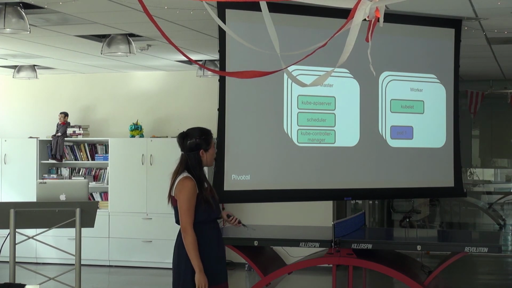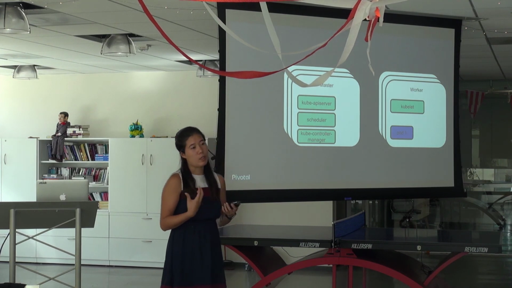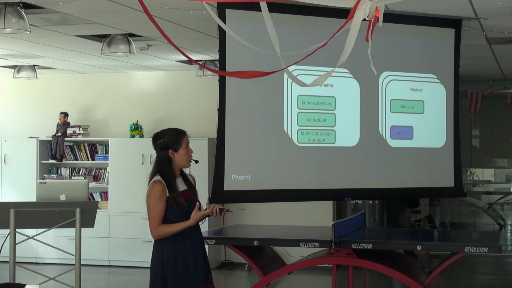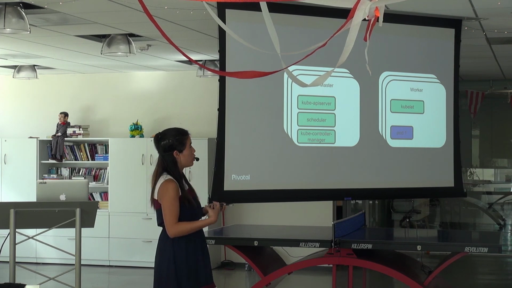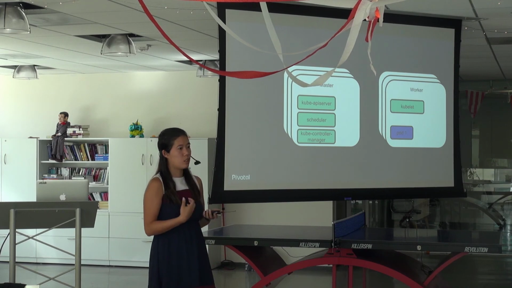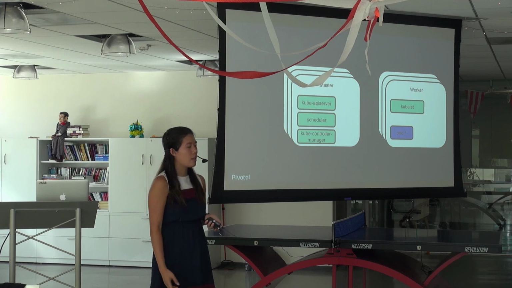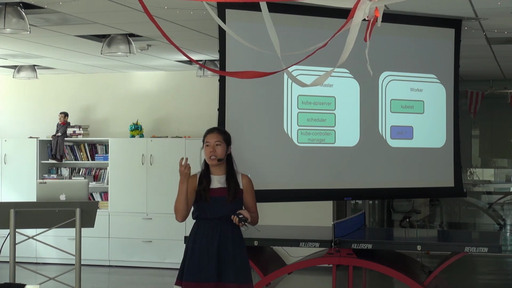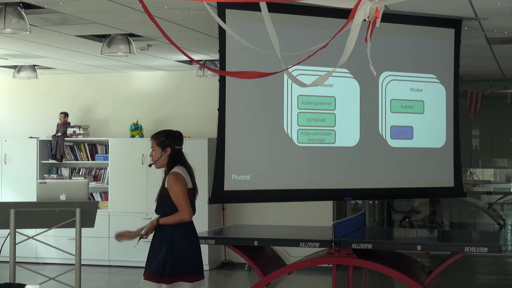And then we have numerous worker VMs. This is where, if you have an application that you want to be deployed in a container, your application will actually be running. On your worker, we have a kubelet, which is a process that's in communication with your Kube API server. And then we have your numerous pods, aka your containers, where your applications are actually running.